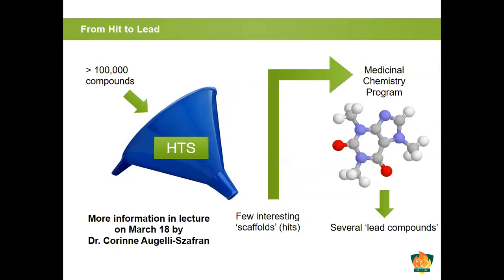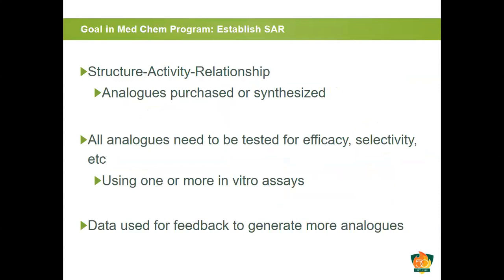Corinne Ojeli-Zafran, she's the director of chemistry at Southern Research. He's going to talk about how you do this lead optimization. But as a big picture goal, for a medicinal chemistry program you want to establish what we call SAR. And SAR stands for structure activity relationship.